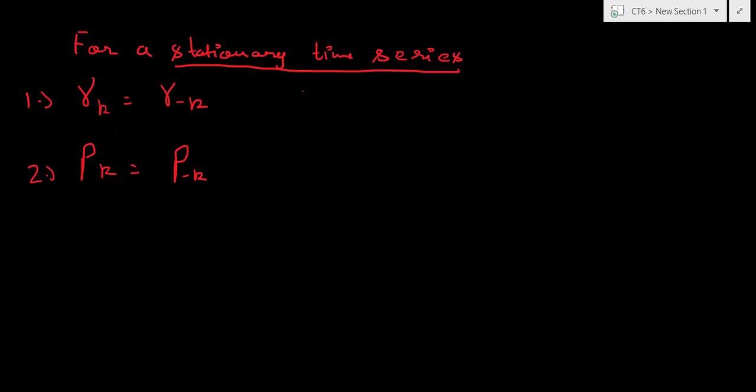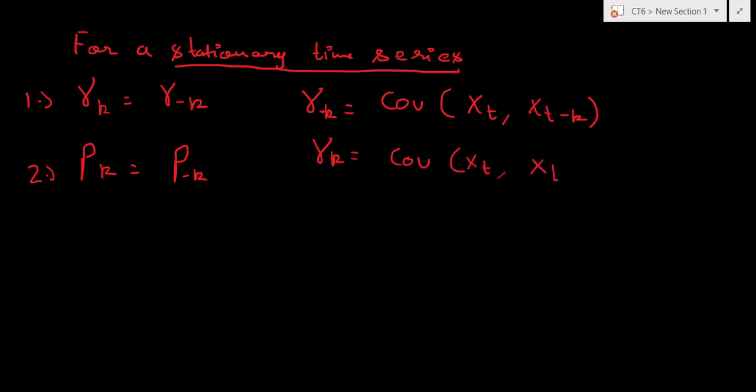So what is a covariance with a lag of minus k? That will be the covariance between xt and xt minus k. And a covariance with a lag of k will be the covariance between xt and xt plus k.